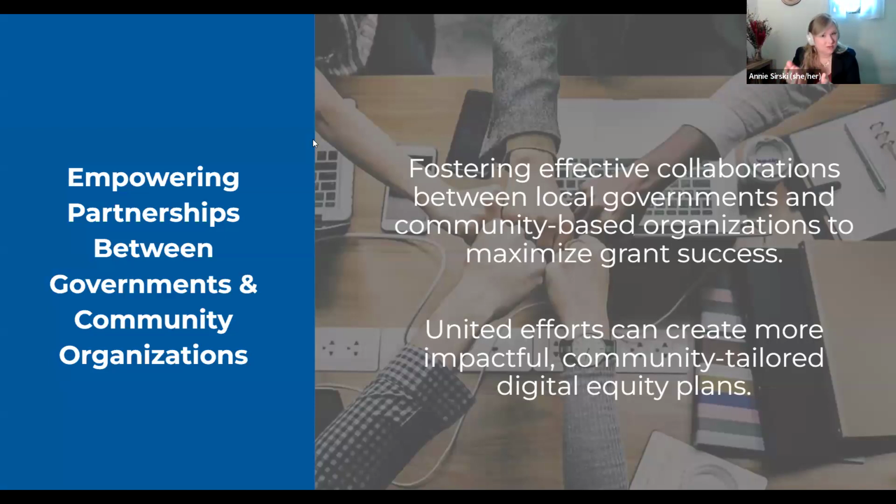I think a challenge with federal work is it can feel very far away, often an office in DC. But I think it's very important to take advantage of this and not let language block you. And so I would encourage you to spend some time with the legislation and the NOFA when they come out and think about your listeners and what they would want to hear to be open to this conversation.